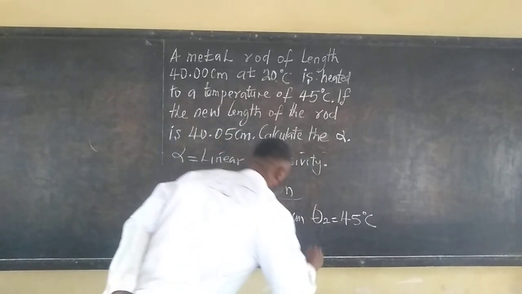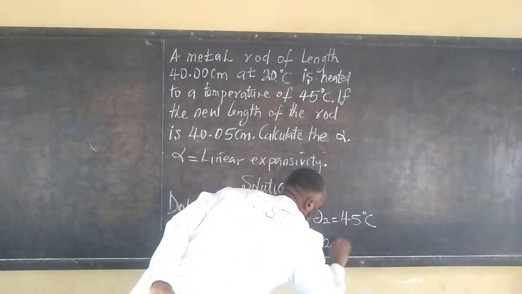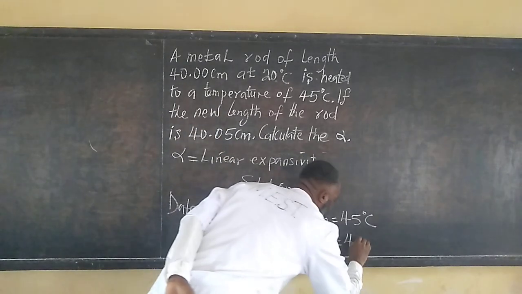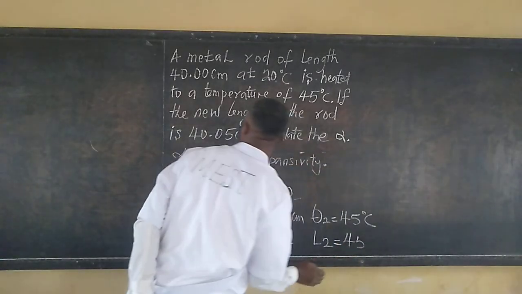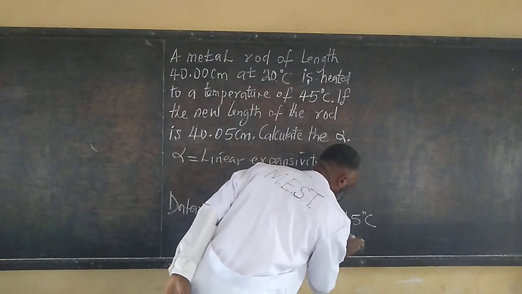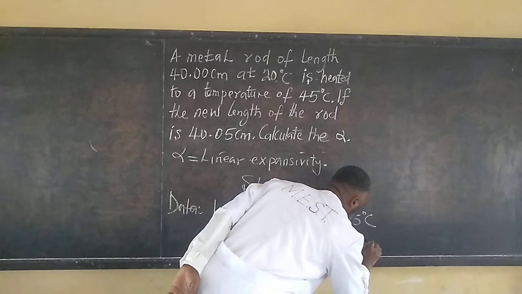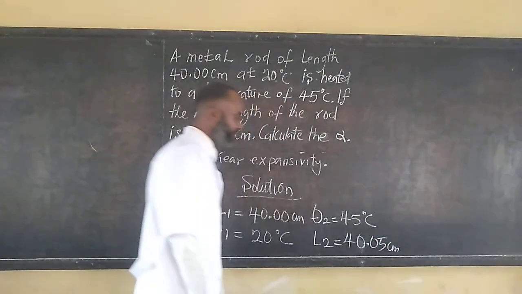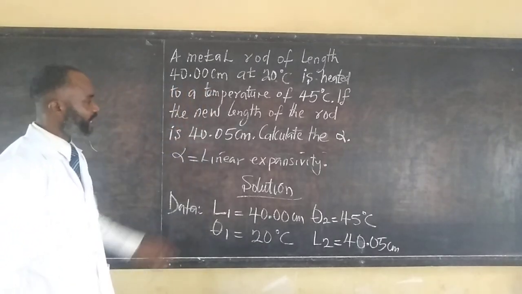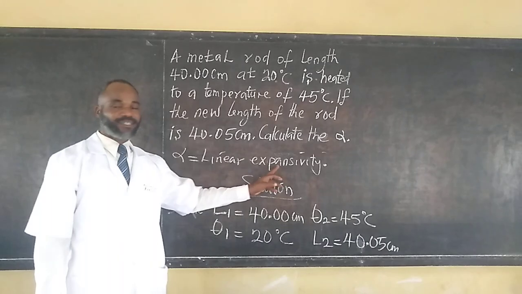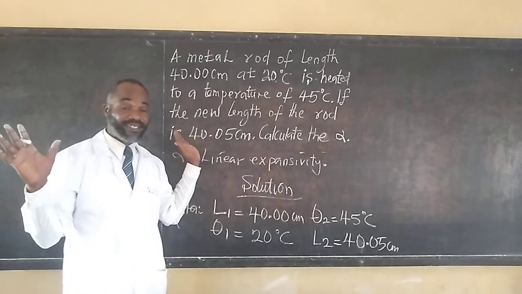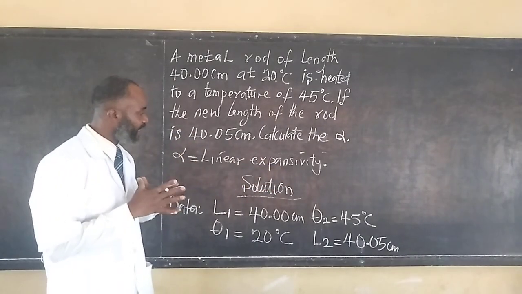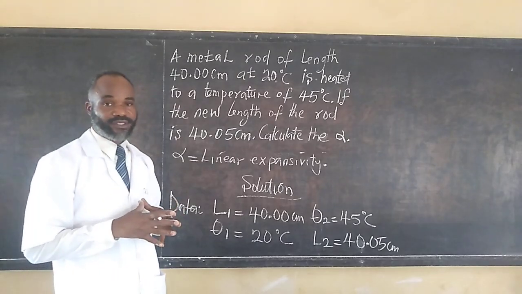So L2 is equal to 40.05 cm. Now calculate the linear expansivity of the rod.